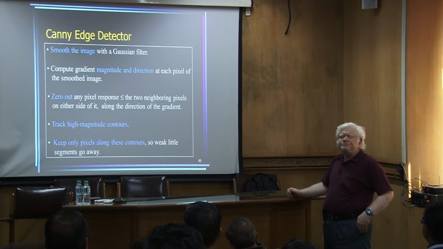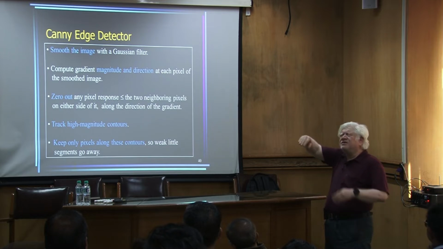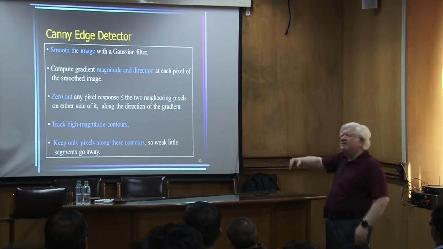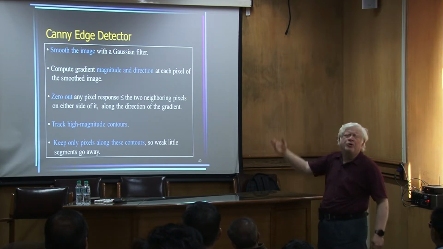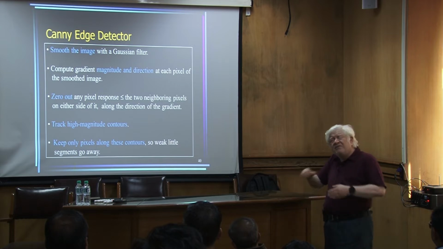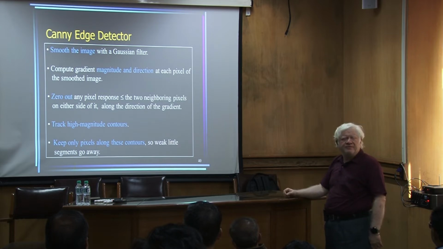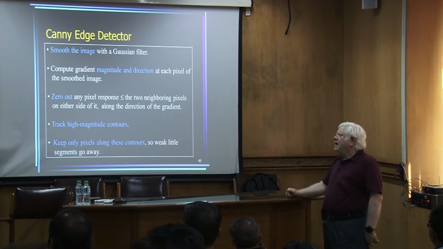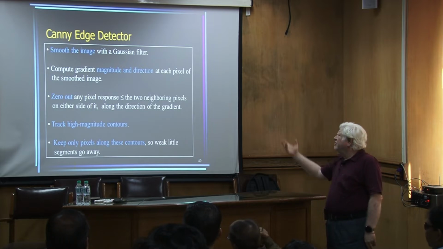For example, when you are tracing an edge, it gets broken somewhere because the gradient is not enough to be reported above the threshold. It fills up the gaps, and there are several other things it does.